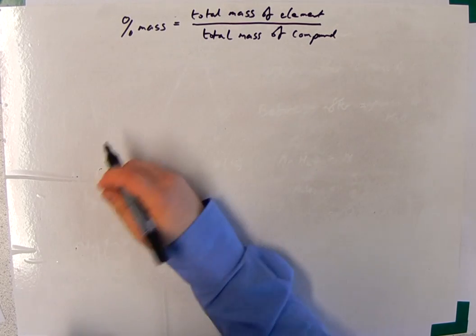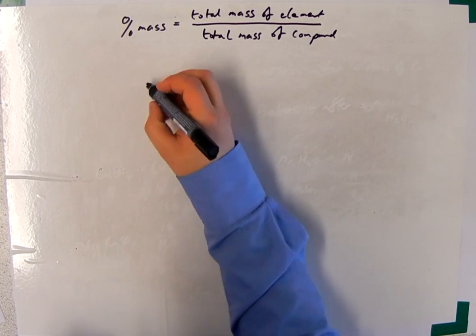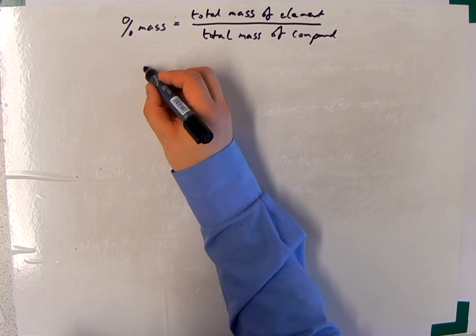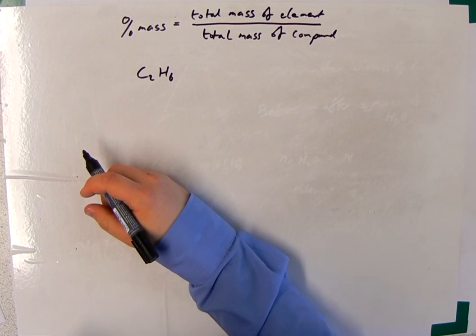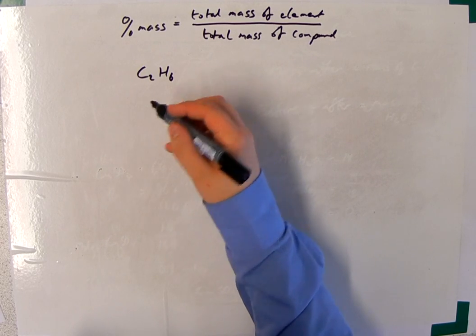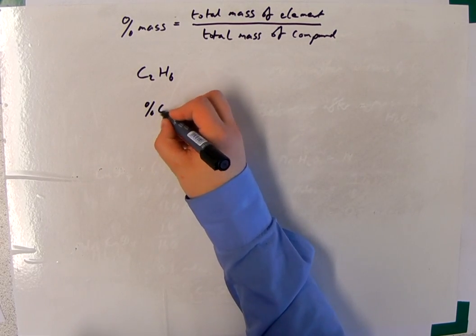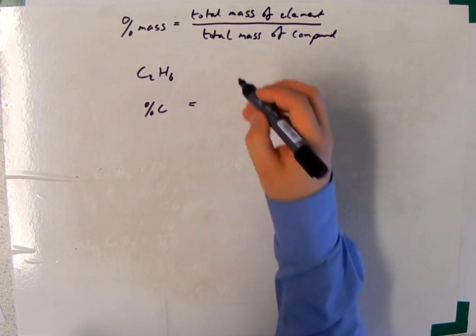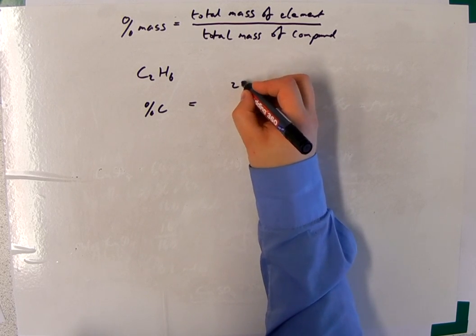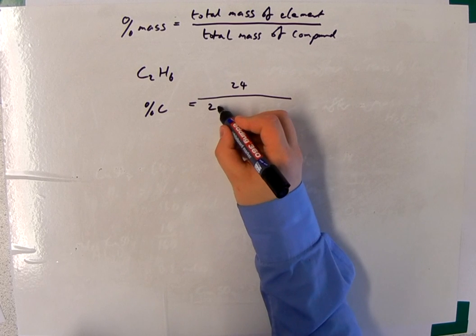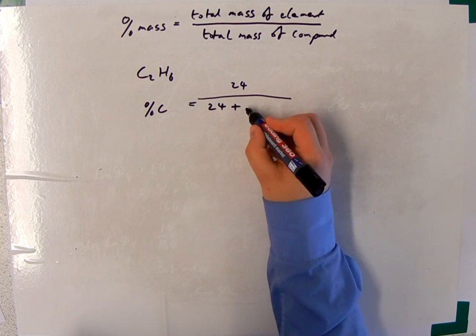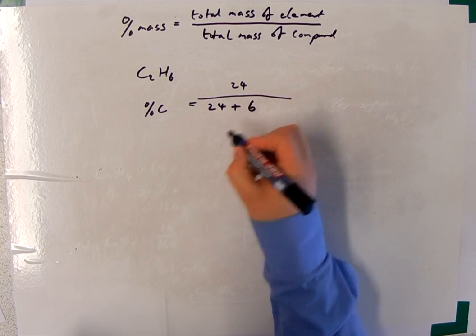So, for instance, C2H6, nice straightforward ethane. The percentage of the carbon, got 2 carbons, say total 24, 2 times 12, plus 6 hydrogens.